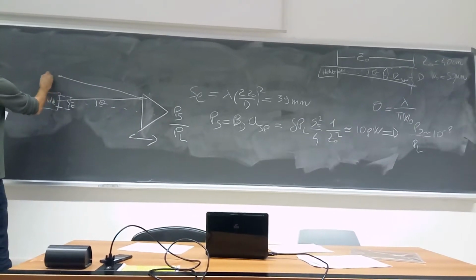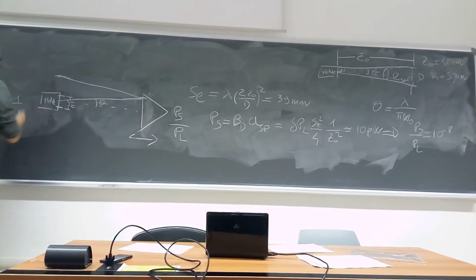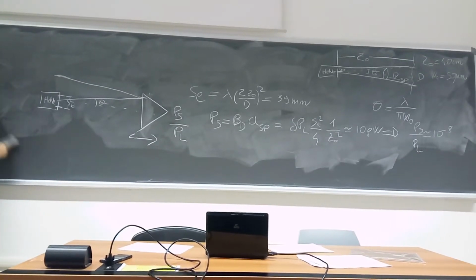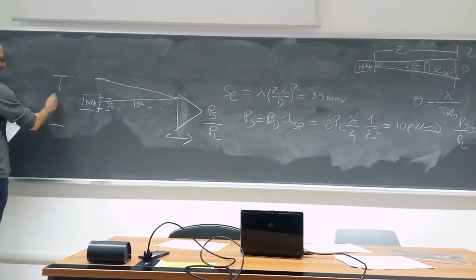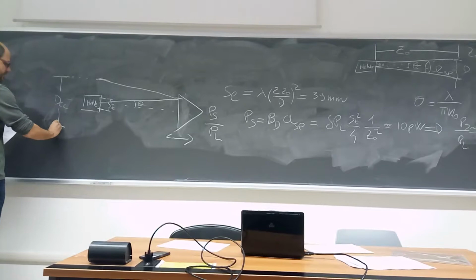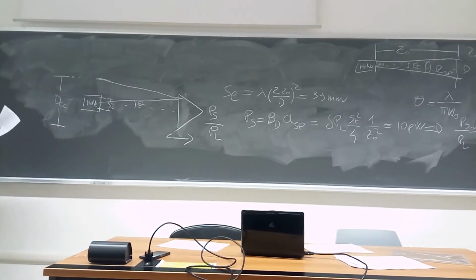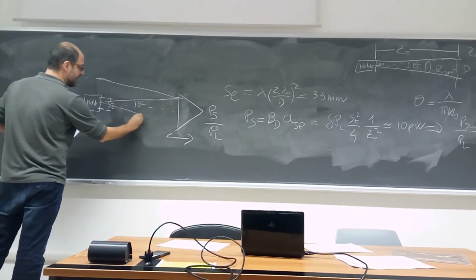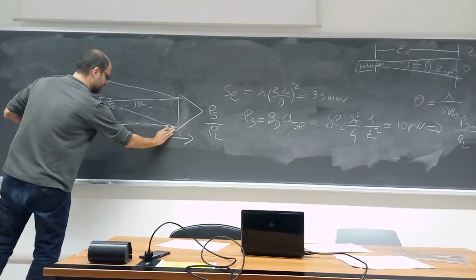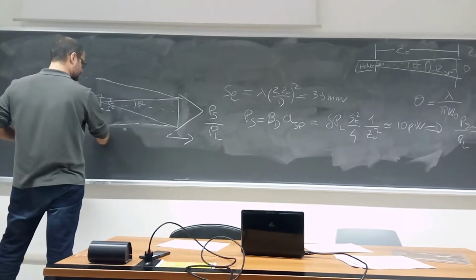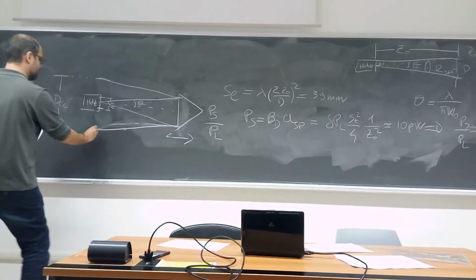And so, more or less, this is the diameter of the spot related to the fact that now we are using a corner cube.